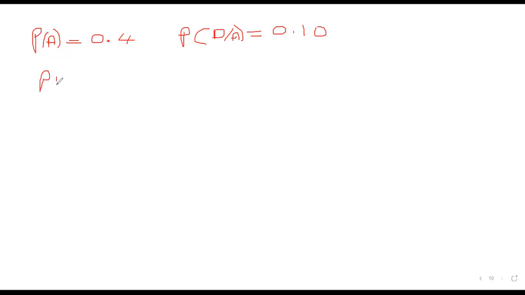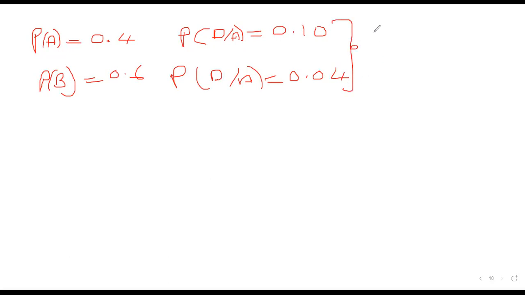Then you're also given probability of B as 0.6, and probability of D given B as 0.04. So you'll be asked to find the probability of D, the probability of A given D, and the probability of B given D. So we can use a probability table to do that.